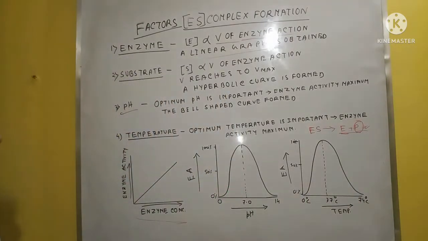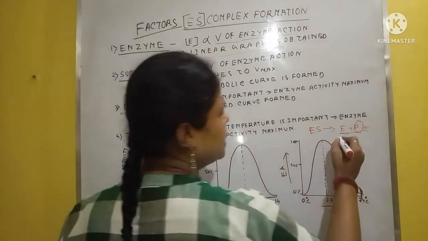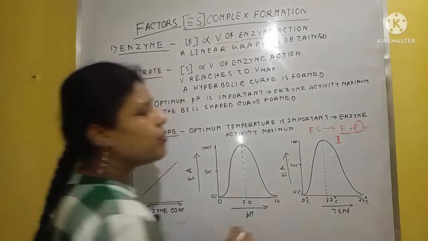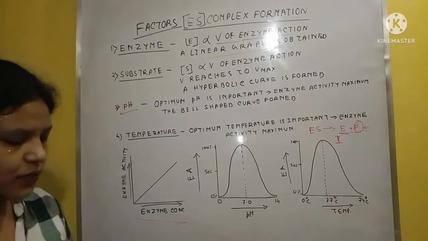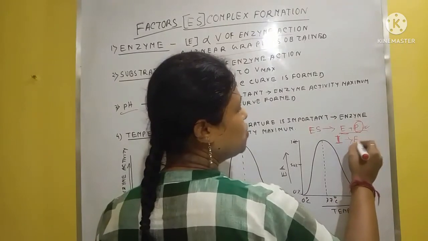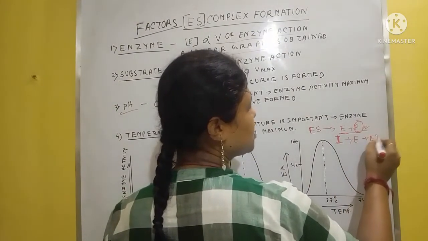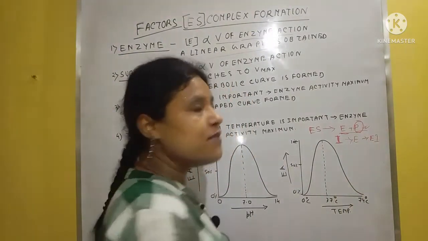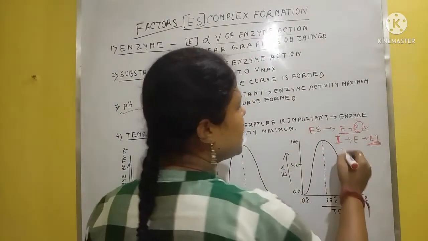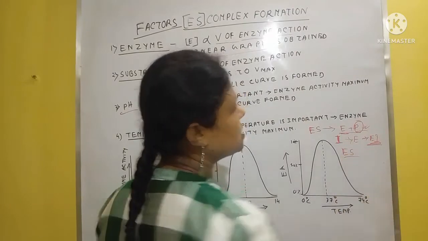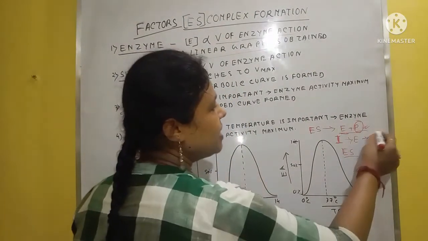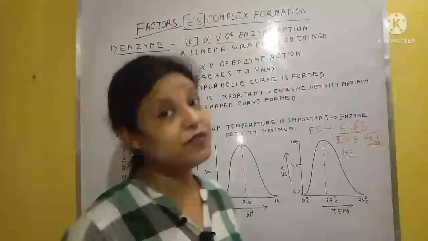And another is the inhibitor. The inhibitor is another very important factor. When the inhibitor is present within the medium, it binds to E to form the EI complex. So naturally, if the EI complex is formed, that means the ES complex cannot be formed. I explained enzyme inhibition in my previous video.